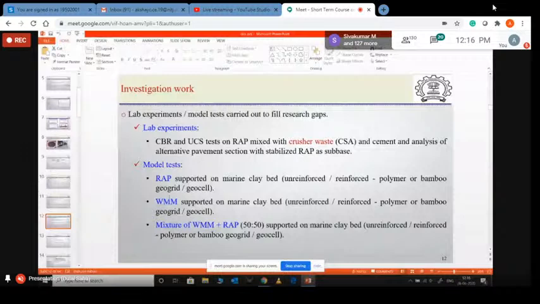So the first set of tests was WMM material reinforced with geogrid and geocell. And the models look like this: soft marine clay, this is the geotextile separator, then WMM material. It was unreinforced, which means this was the base case.